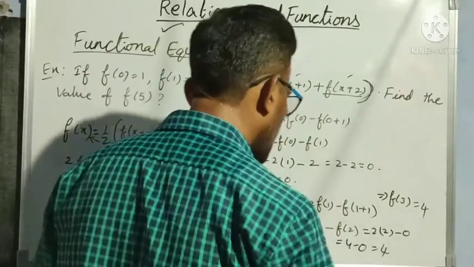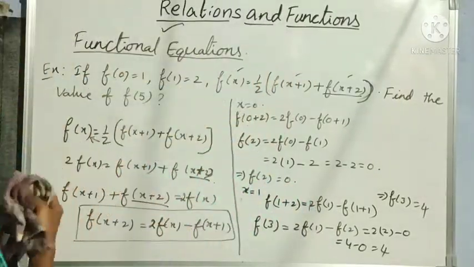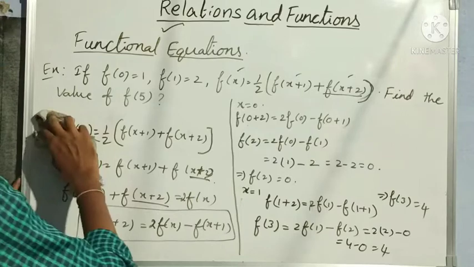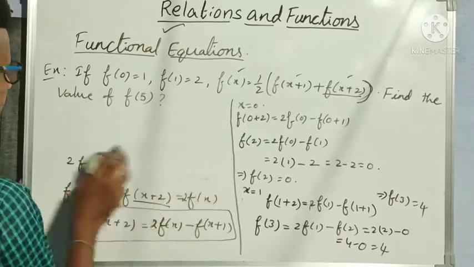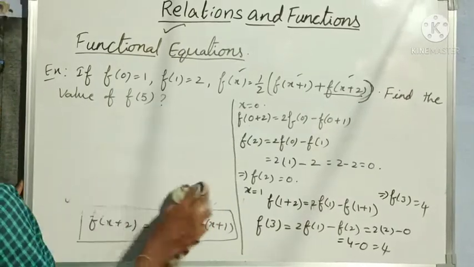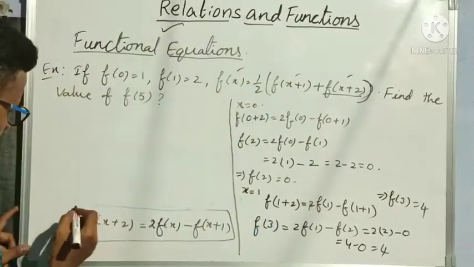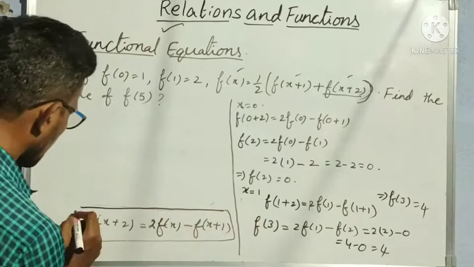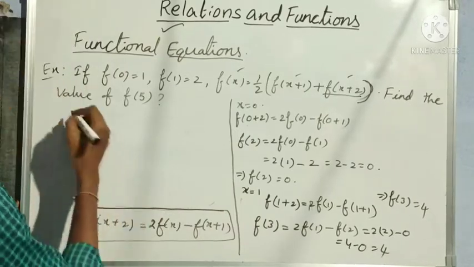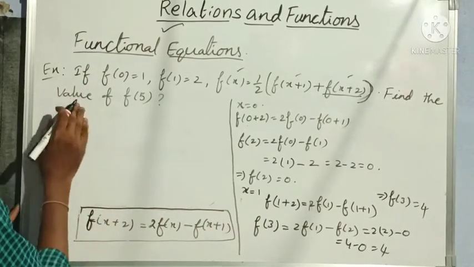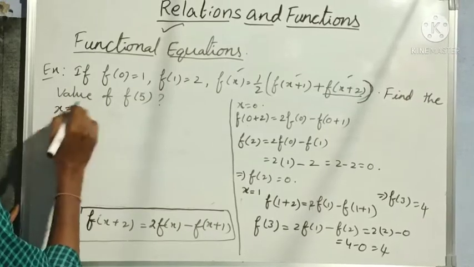So iteration. Again I have to take x value as 2. So this first 3 lines I am erasing, but I am not erasing the equation. In the same equation I am substituting x value as 2. So first, x is equal to 2.